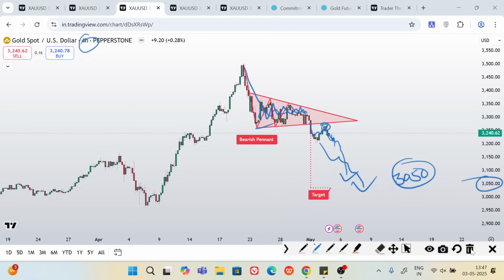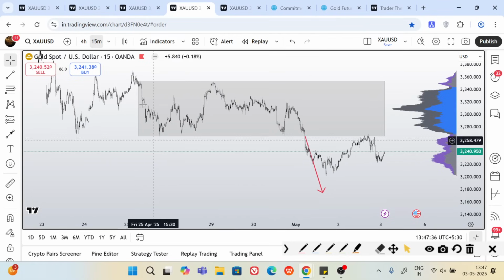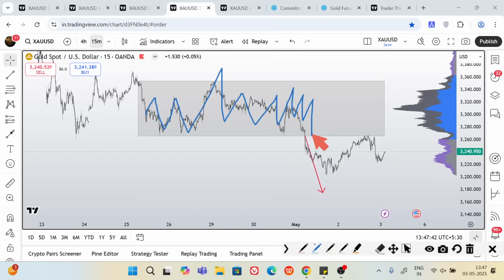Also, if we check more intraday levels, that is 15 minute also, you can see previously price was trading inside this consolidation range and breakdown, retest, and then again moving down, and yes, more decline is possible on a lower time frame.